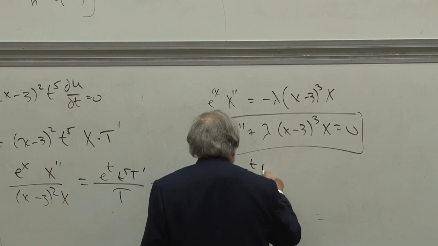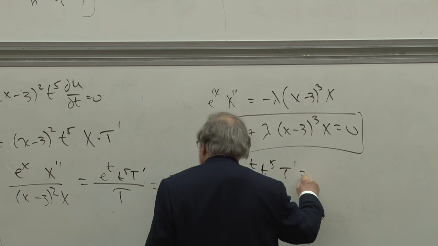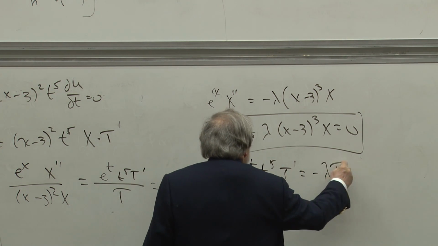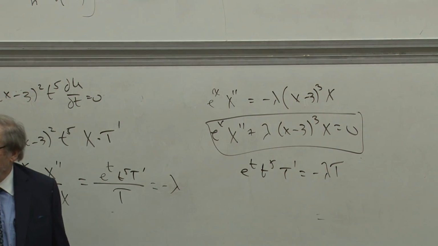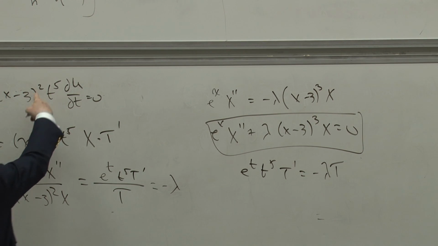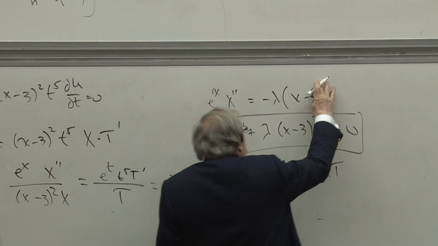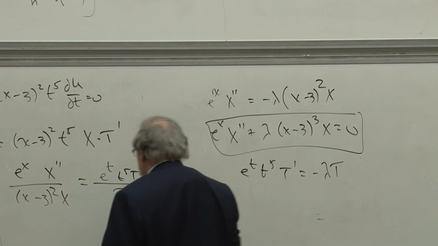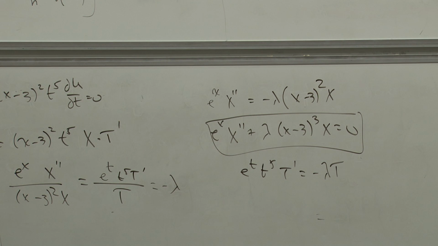e to the t, t to the 5th, T prime is negative lambda T. Oops, I got hung up with the 3 there.